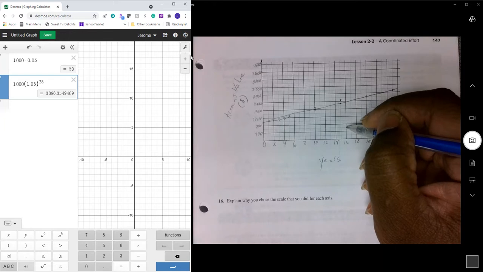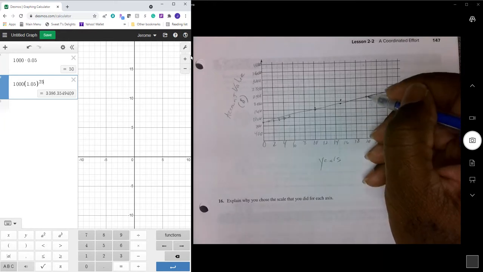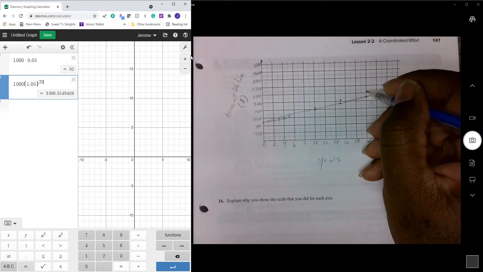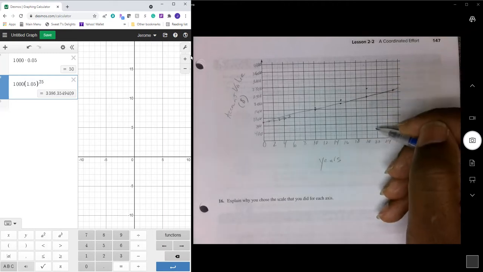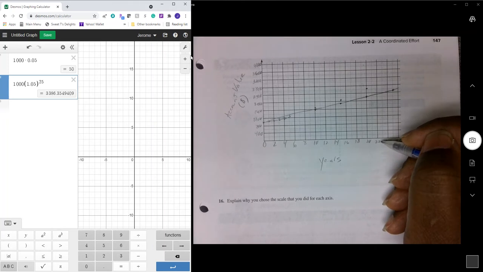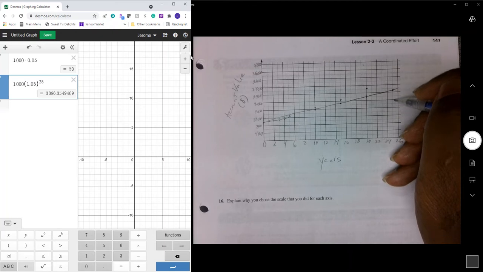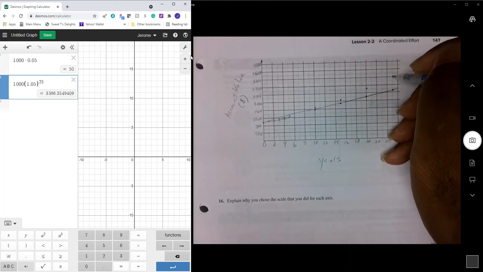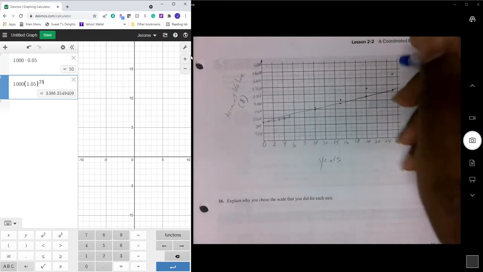And then we have 20, which is 2,653. So it's a little bit above the middle here. And then we have 25, about right about here.